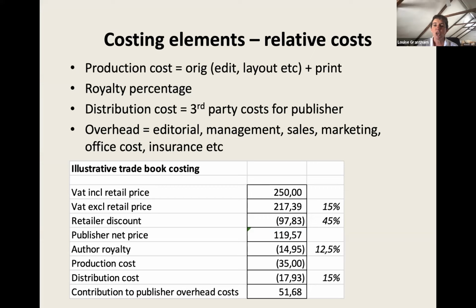And that percentage, I wasn't clear in this case, is a percentage of the publisher's net price. And in South Africa, most publishers pay a net price royalty, which means they pay as a percentage of what they get in from their customers. In other markets, you may have a list price royalty, which in this case, if this was a list price royalty, then the percentage would be taken on the 217 Rand, which is what the customer would pay.